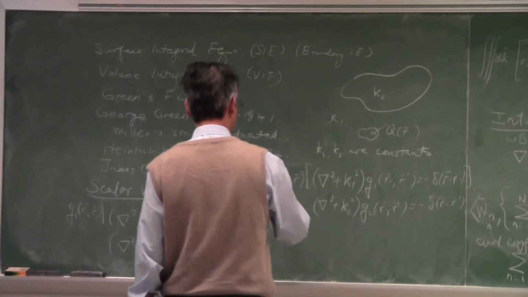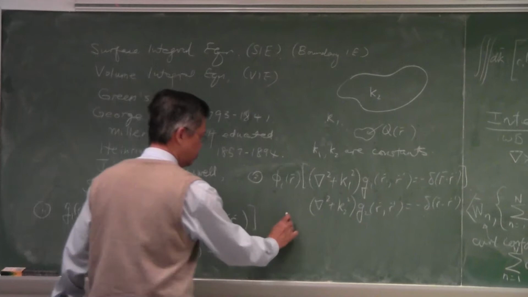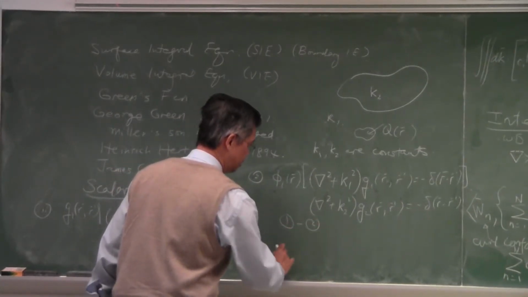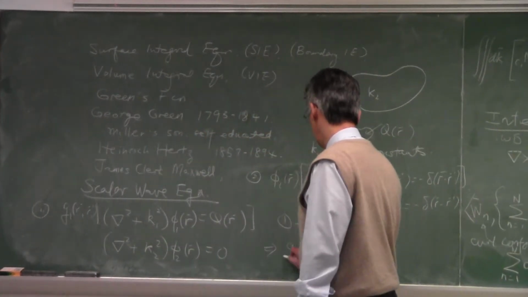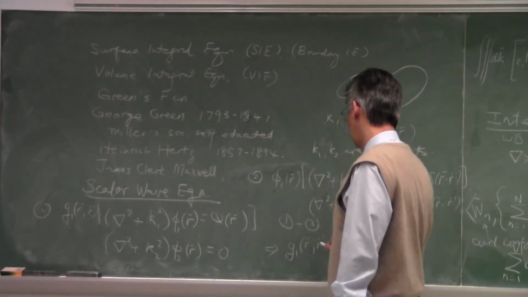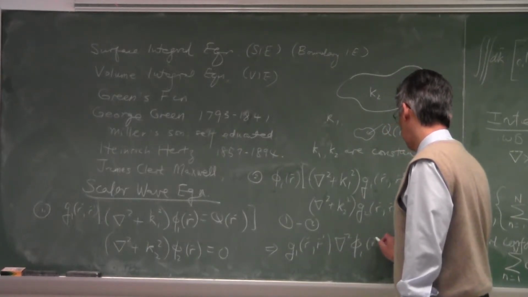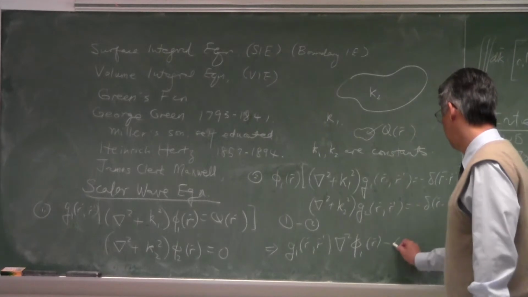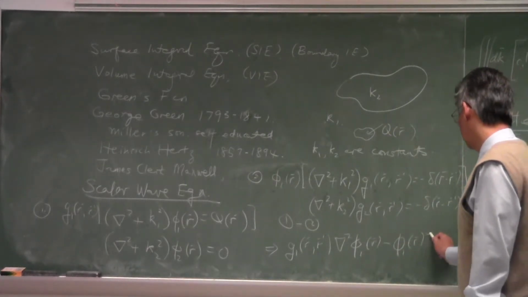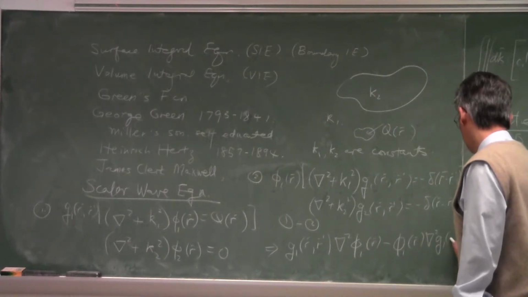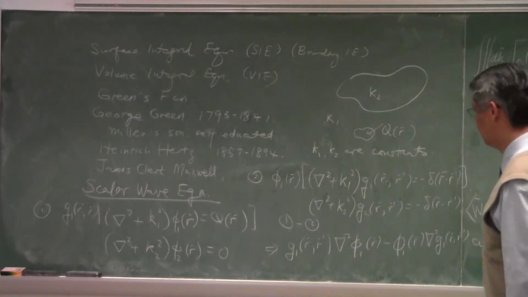So you subtract equation 1 minus 2, and that gives you G1(R') Laplacian of phi1(R) minus phi1(R) Laplacian of G1(R').